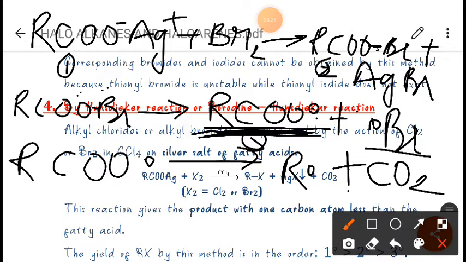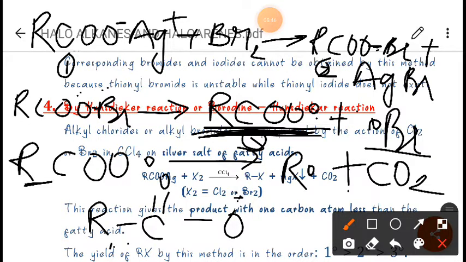I will write how this bond is broken here. Suppose this is R, this is C, here a double bond to O, and here is O. It is carrying a radical here, one electron is here, and this one is also carrying an electron here, right?